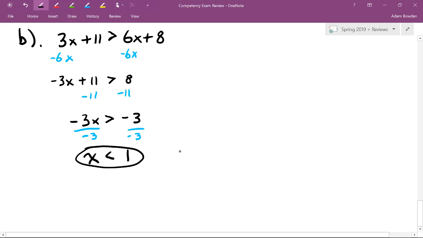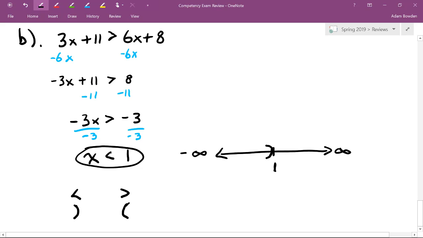Like in the last example, that's the solution. Now we're going to graph it and write it in interval notation. For symbols like less than or greater than, we use parentheses on the number line and in interval notation. So here we indicate the location for 1, and I'm going to write a parenthesis there.